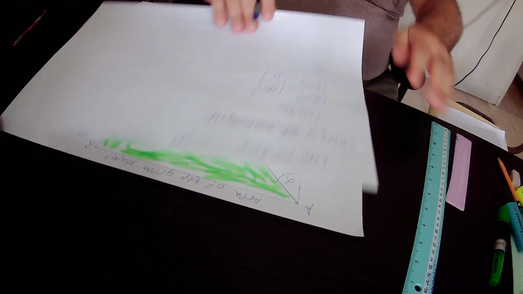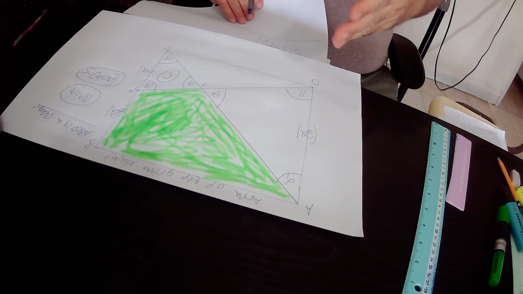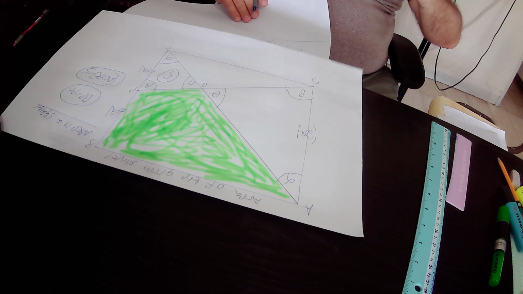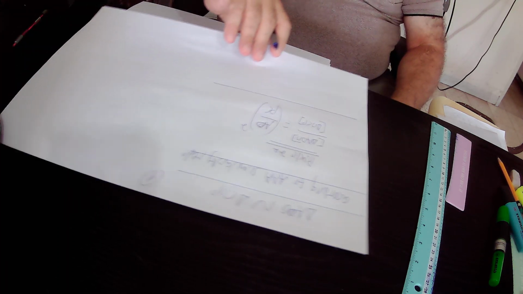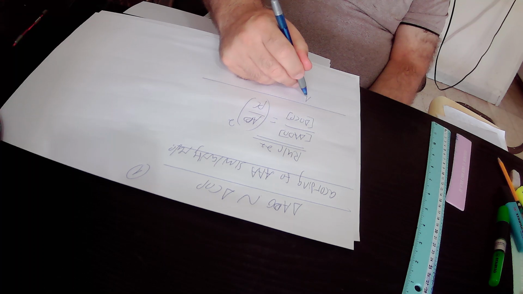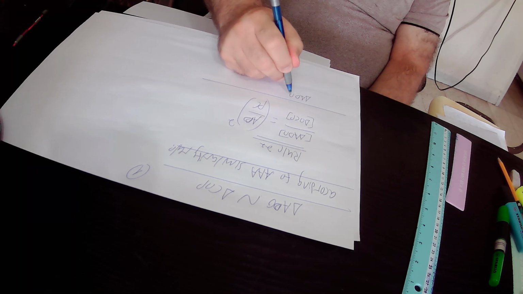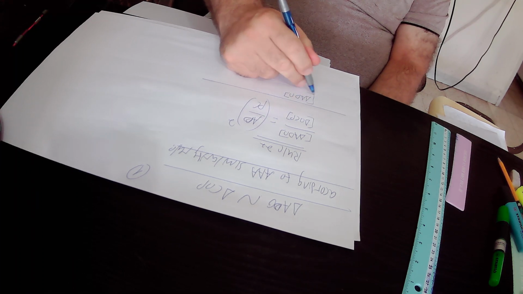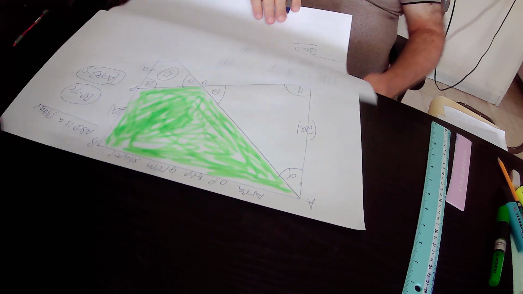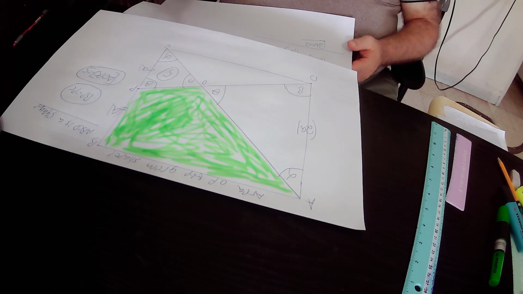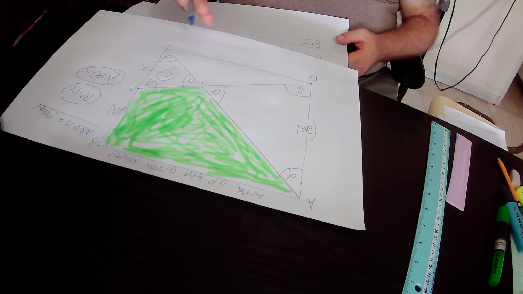The area of this triangle ADO is unknown, so we will leave it as it is. This is the area of triangle ADO over the area of this triangle OCP. It is given that the area of this triangle OCP is equal to 5 square units.